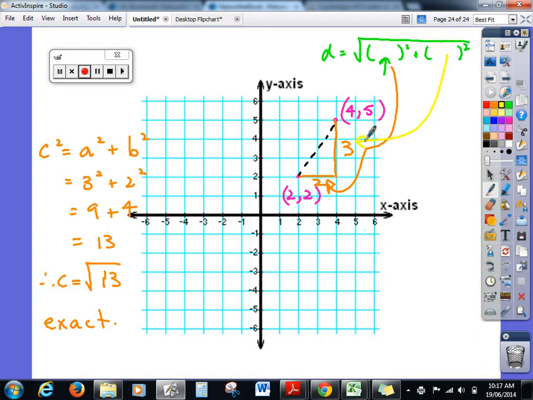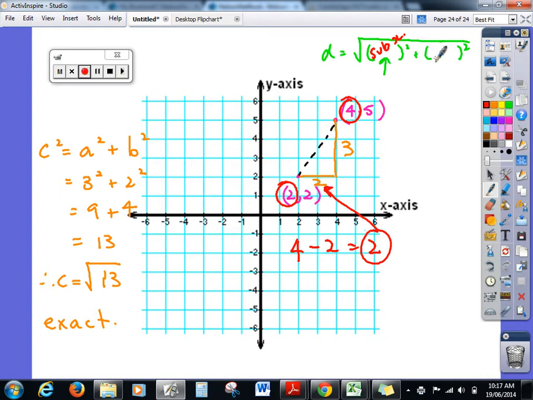So first thing is here we subtract the x's. The first value here is a 4, and this one here is a 2. They're the two x values. And 4 minus 2 equals 2. And this 2 is the same as that 2 just there.